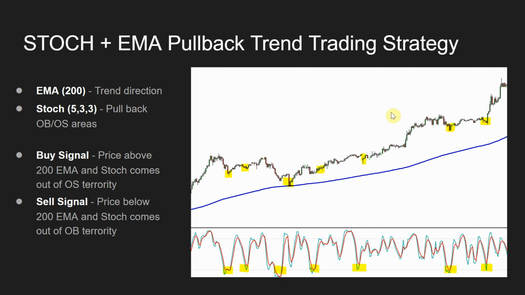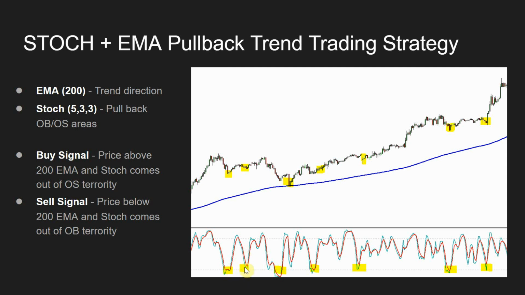And then we are looking for the stochastics indicator, and apologies if these gray lines are a bit faint, but effectively you've got the overbought territory at 80 and the oversold territory at 20. And what we're looking at, as you can distinguish by these yellow markings, is we're waiting for the stochastics indicator to come out of oversold territory.